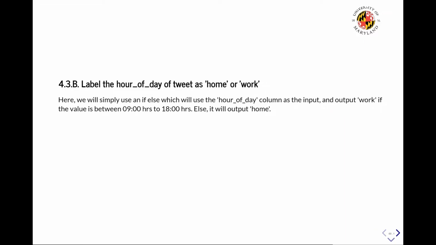Now, previously we saw that the hours at which a person is assumed to be at work is 9 to 18, and the rest of the hours the user is assumed to be at home. So now what we'll do is label the hour of the day as work or home depending on its value.